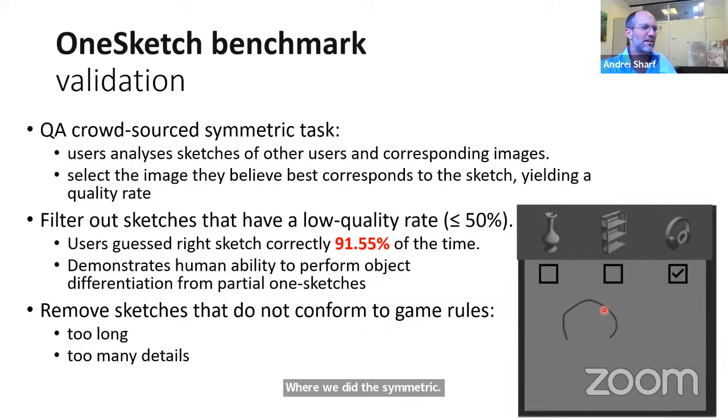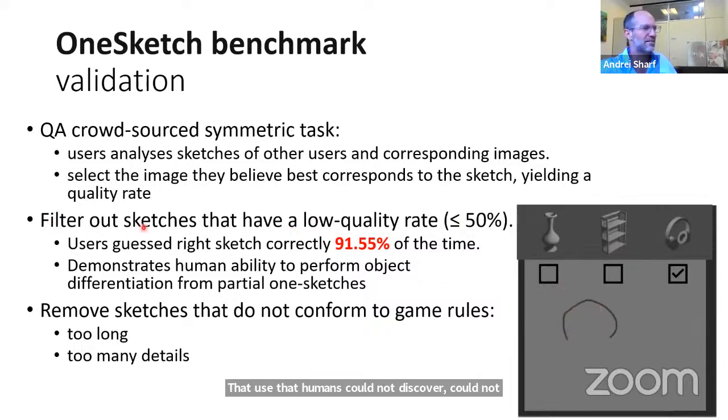And then we also had the QA, where we did the symmetric task. We give the user a sketch that somebody drew, and we ask them to guess to which of the three shapes it belongs. This is a way to do quality assurance. So we remove all the sketches that humans could not distinguish or guess.